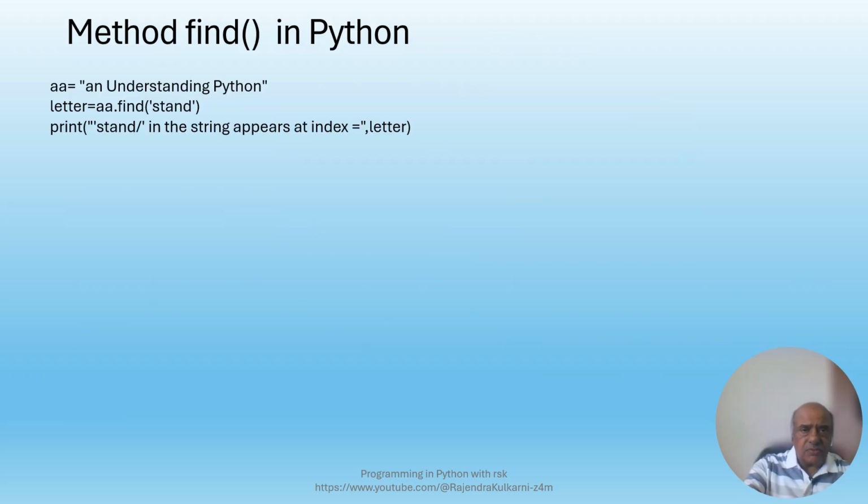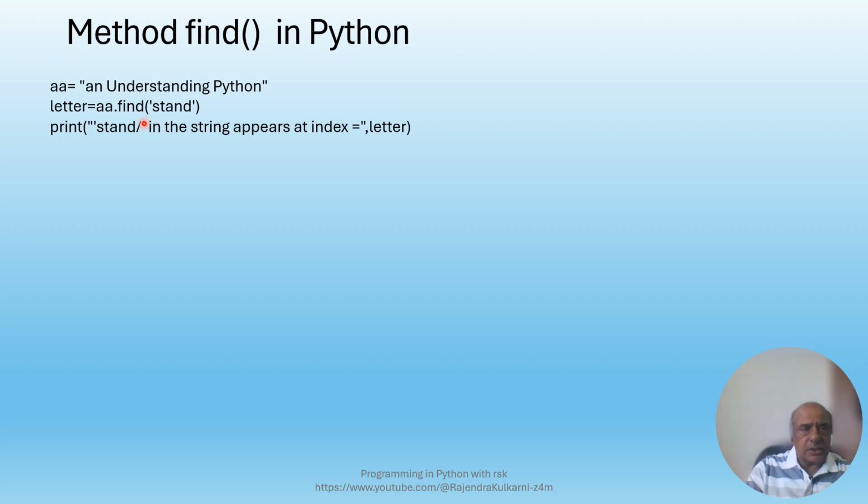There is a method find in Python. What it does is it finds whether the string given as an argument to that method is present in the given object, declared here as a is equal to "an understanding Python".